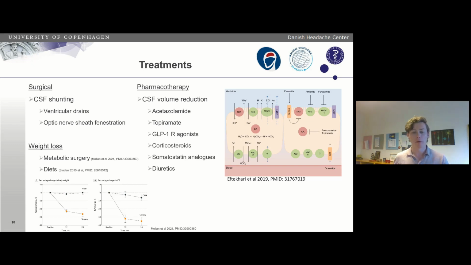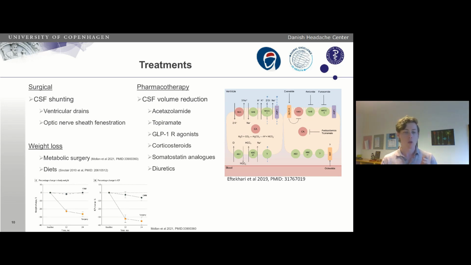But despite all of the things causing this disease, there are treatments available. Should vision be at risk in these patients, cerebrospinal fluid can be shunted either through ventricular drains, optic nerve sheath fenestration, or temporizing lumbar punctures.